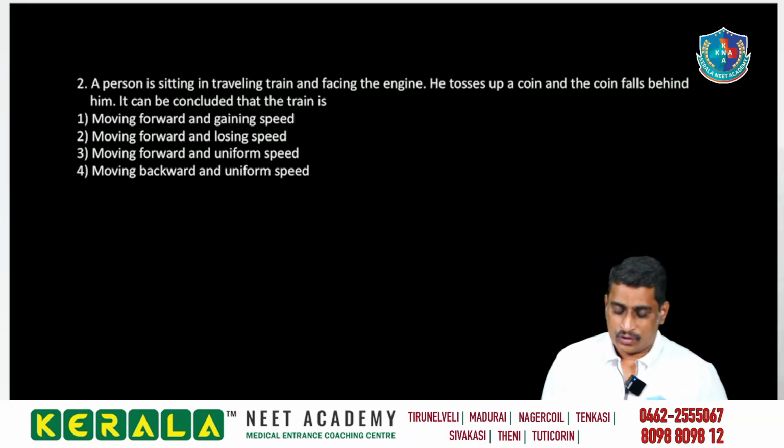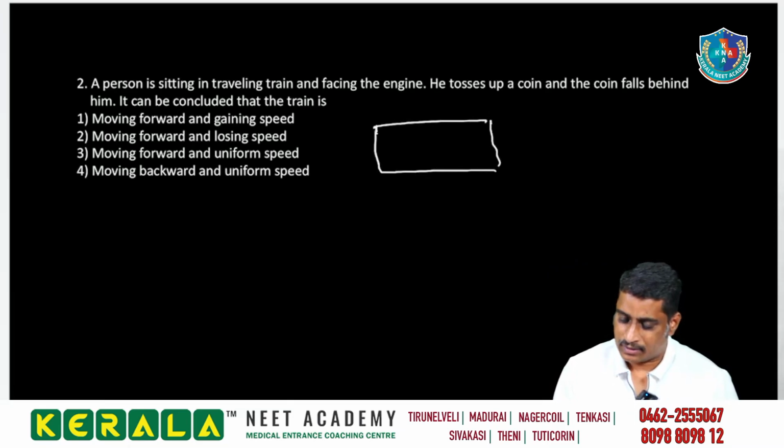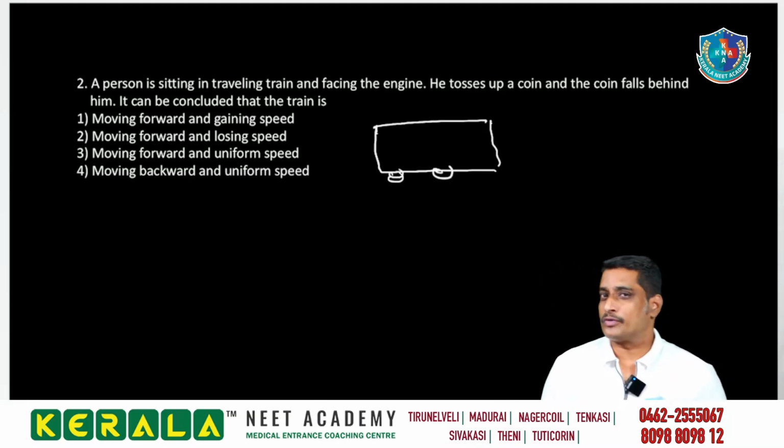See, if you look at the motion of the man and the stone from the ground frame of reference, as soon as that man releases the stone, that stone will move under gravity. And the man moves with the same velocity as that of the train.